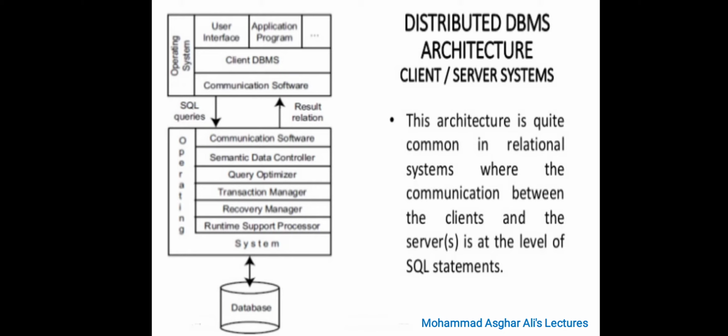In other words, the client passes SQL queries to the server without trying to understand and optimize them. The server does most of the work and returns the result to the client. From the figure you can see how we query with SQL and from the server side it gives the result.